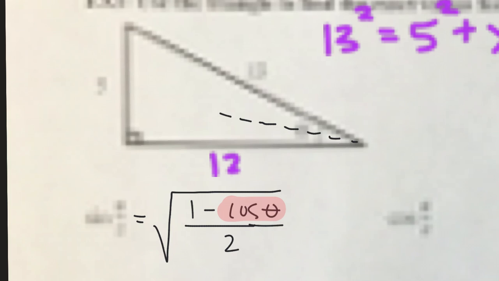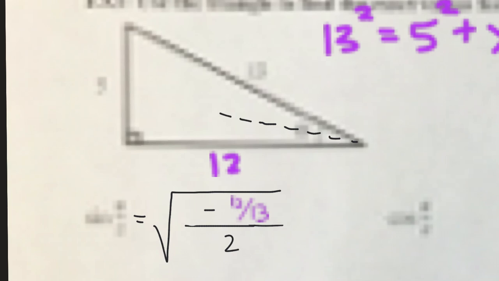What is the cosine ratio from our triangle? And the answer is 12 over 13. So right here where the cosine was, I am going to instead put that ratio of 12 over 13. I have the luxury of an eraser. Maybe you have an eraser too, and can just erase cosine and put 12 over 13 in there. Also, now I need to change my 1.